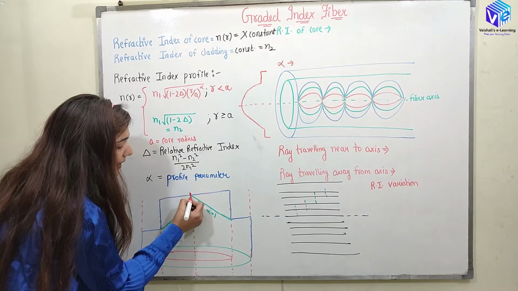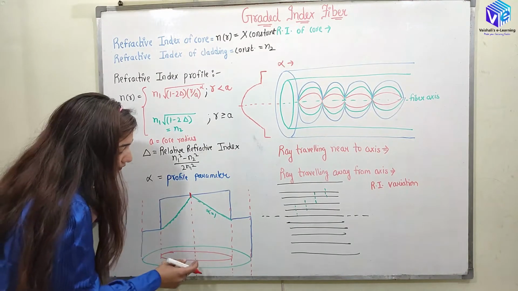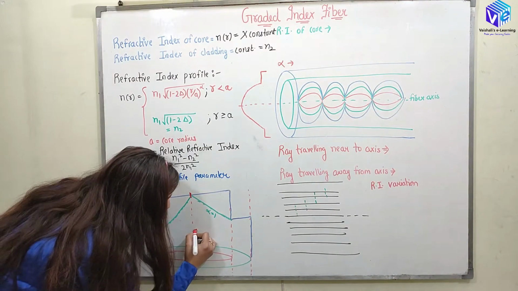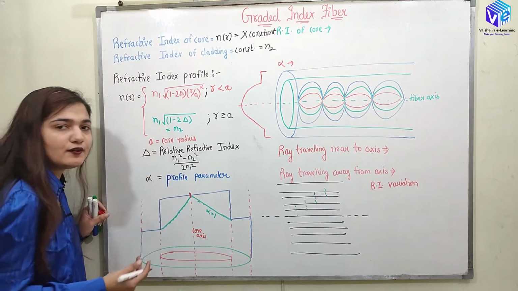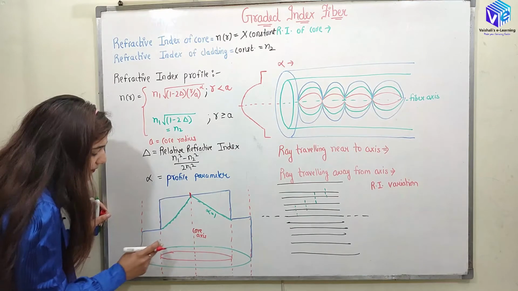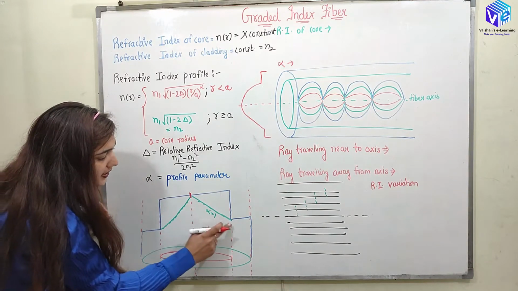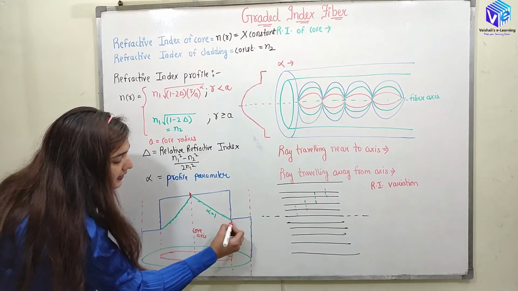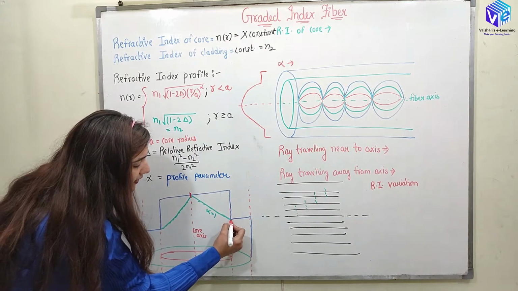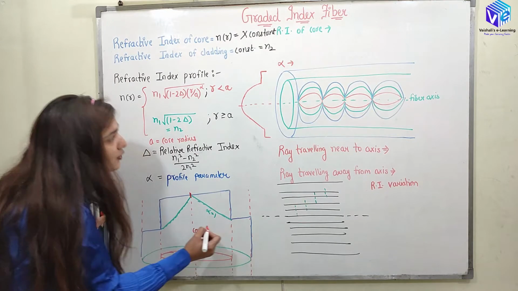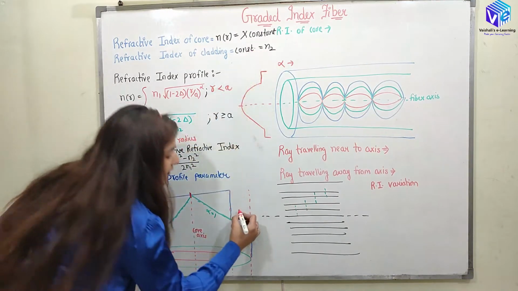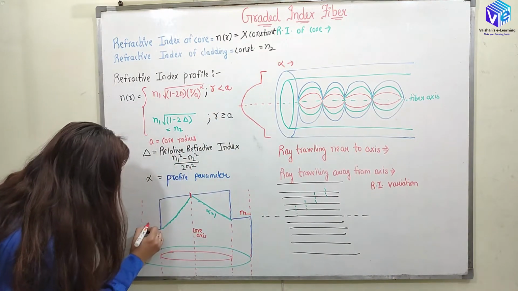It will reach the maximum at the center of the core. This is the core axis. At the center of the core it reaches its maximum value and decays linearly until it reaches the cladding, where it has the value equal to n2. I am putting n2 over here.